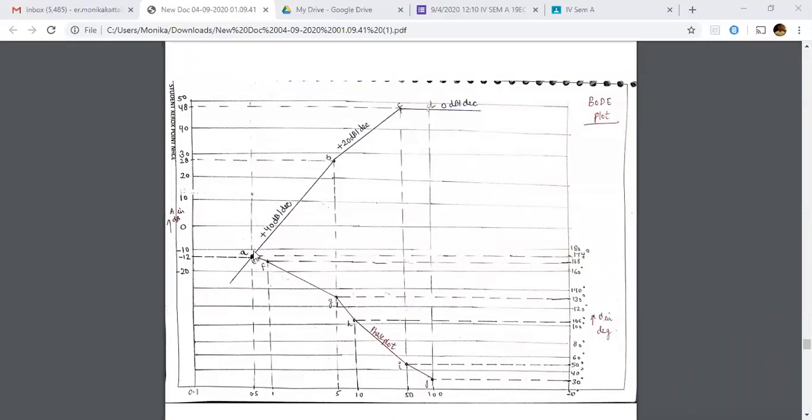So it becomes 40 dB per decade. Is that clear?